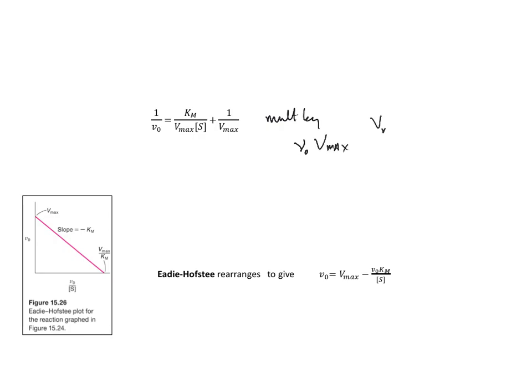If you do that, a lot of biochemists prefer this plot, where you're going to plot initial rate versus, whoops, it's a minus sign there, I just saw that.